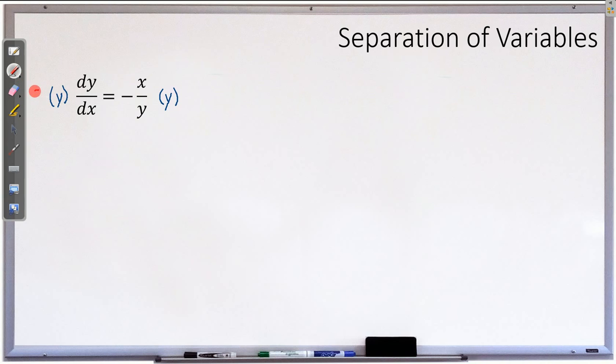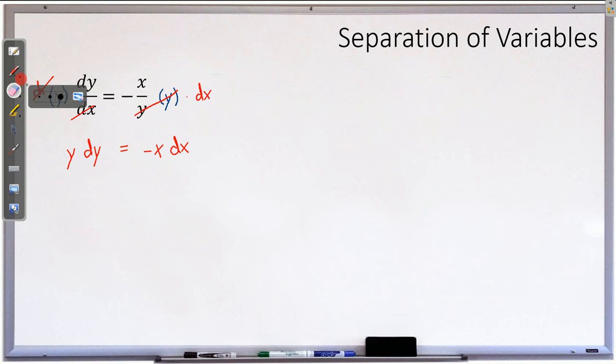We're also going to multiply each side times dx as well. So those y's will go away. We're going to be left with negative x dx on this side. And on this side, the dx's are going to go away, and we're going to be left with y dy. So whatever algebra you have to do to get the y's on one side and the x's on the other.